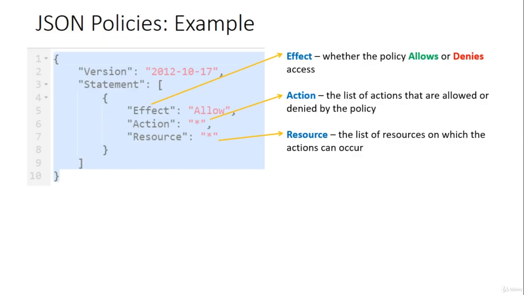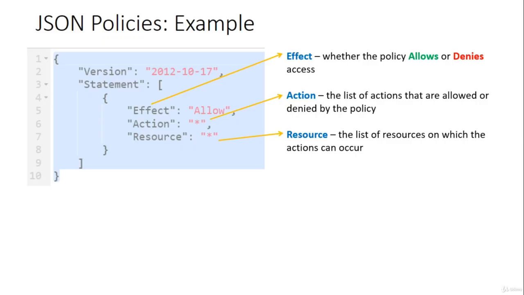In software, a wildcard character is a kind of placeholder. So this asterisk is a wildcard. It's a placeholder represented by a single character, and here the asterisk means, or usually it means, all or everything. So here, as far as this policy is concerned, all actions are allowed.